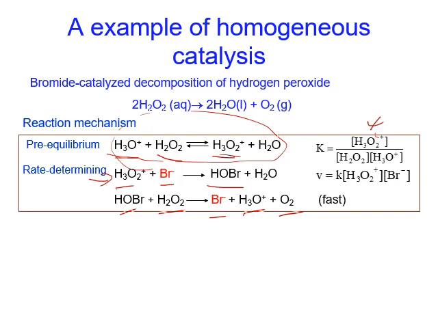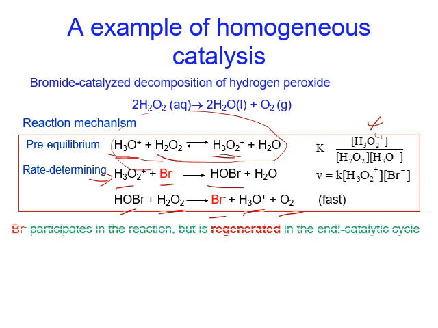Okay, so we can see that in this reaction, bromide as a catalyst participates in the reaction, but in the last step it is regenerated. So in the overall reaction, bromide does not appear. Okay, it's consumed but also regenerated.